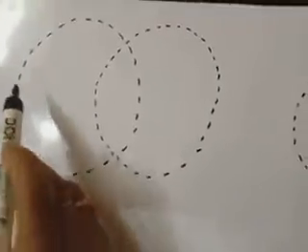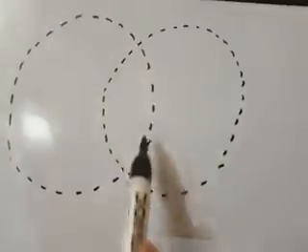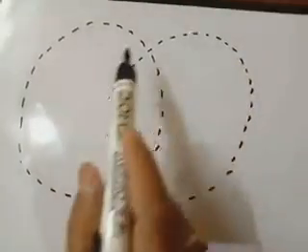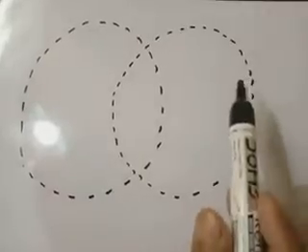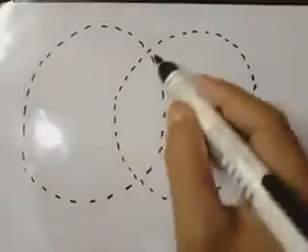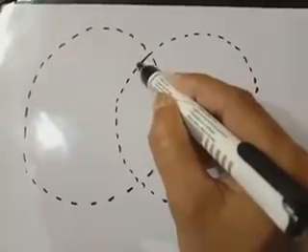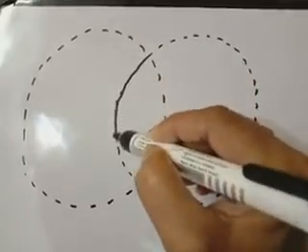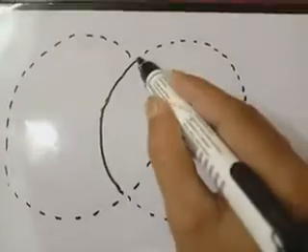See, in this diagram, these are two spherical surfaces. Of the two spherical surfaces, one is overlapped on the other, and this portion is the common portion which is overlapped.